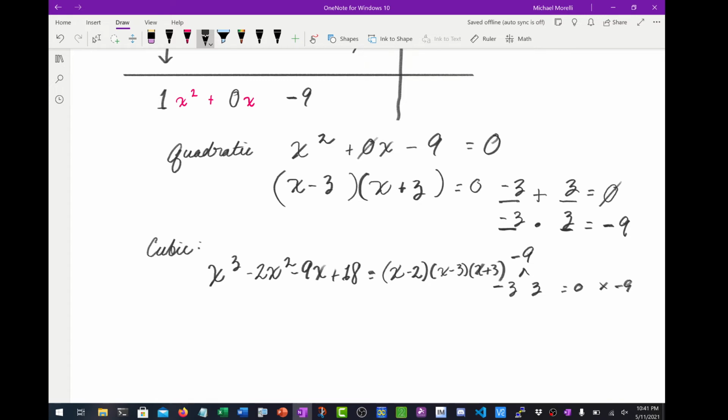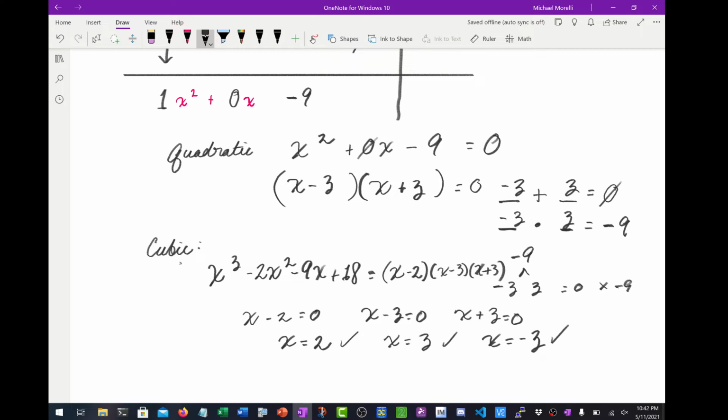Okay, these are equivalent. So if you want to solve the cubic, you just set each of your factors equal to 0. And we see here this is x equals positive 2, x equals positive 3, and x equals negative 3. And we have 3 solutions, 3 roots, 3 zeros.